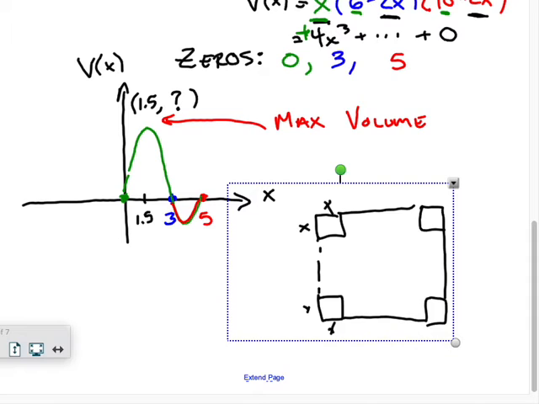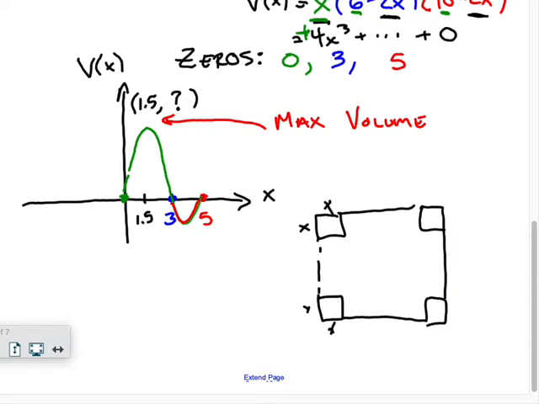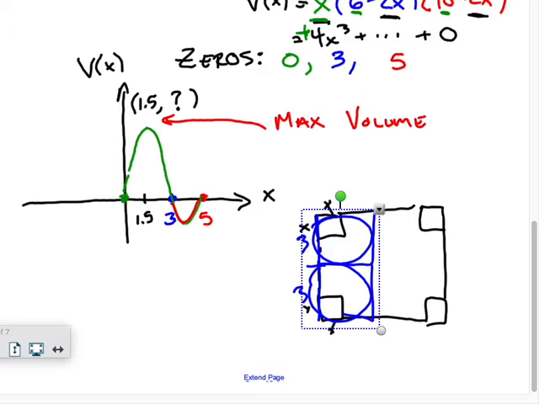So it also makes sense that this red piece isn't here, because anything larger than 3 units would mean I'm cutting off a square that's 3 units on this side and then 3 units on this side. That would be a square like this, and then another square like this. But you can't really do that, because if you cut this whole square out and then this whole square out, you have nothing left on that side. So anything larger than 3 units is not going to allow us to create this box, okay?